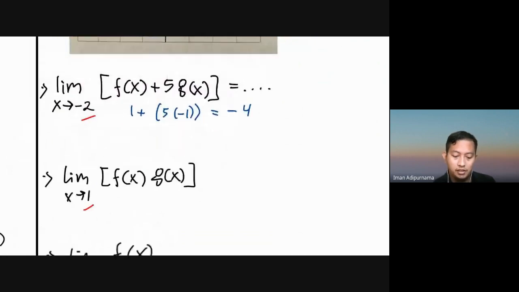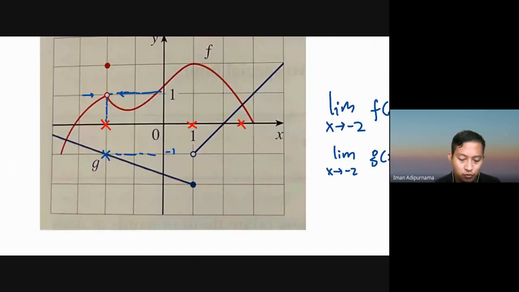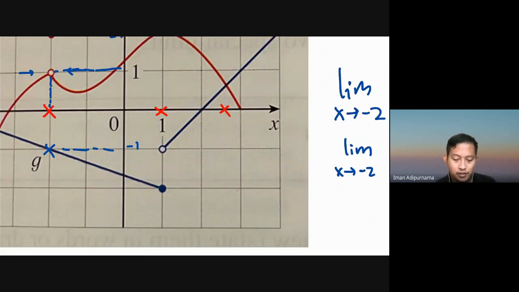But the second one, what will happen here, x approaching 1. From here, for f, it's fine, not a problem. But for g, if you see here, you have a different answer.